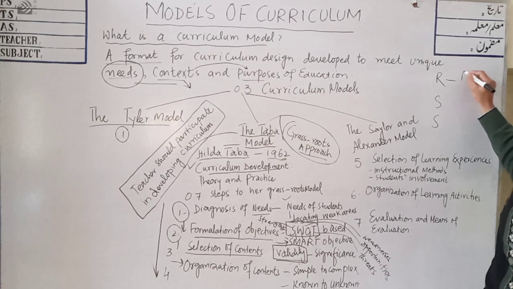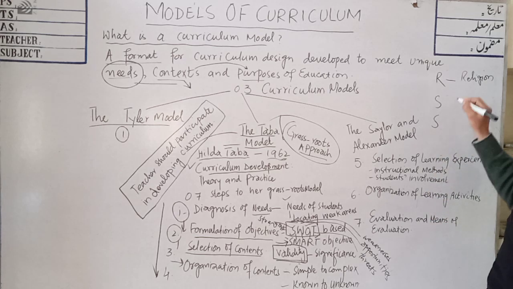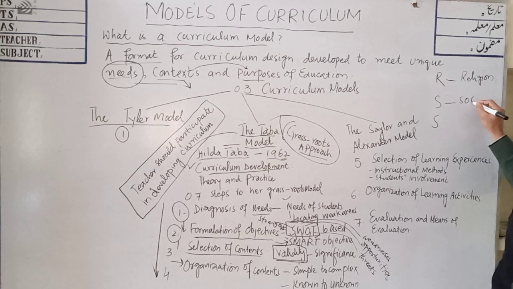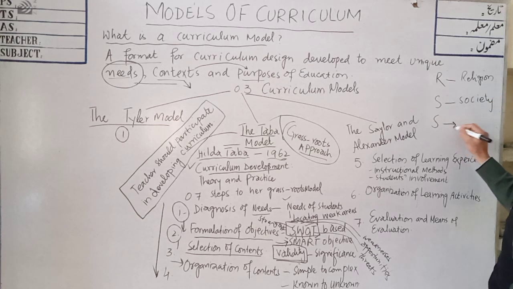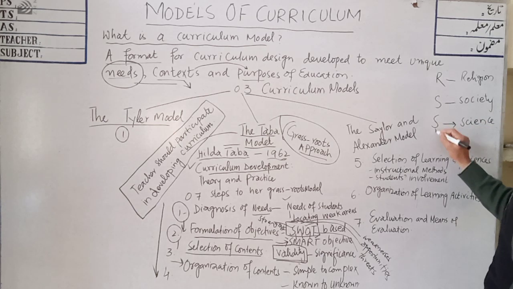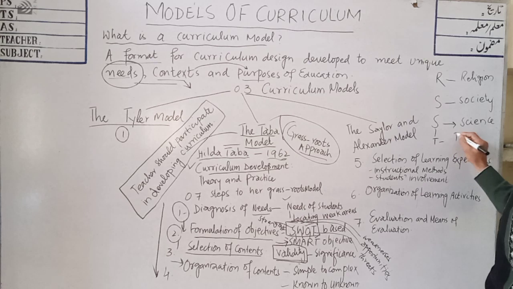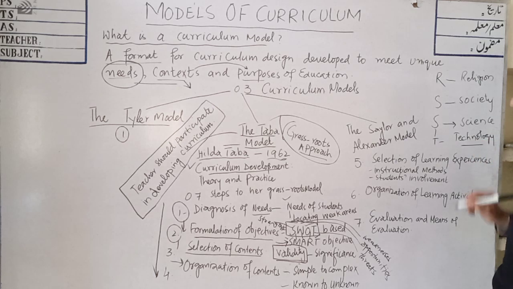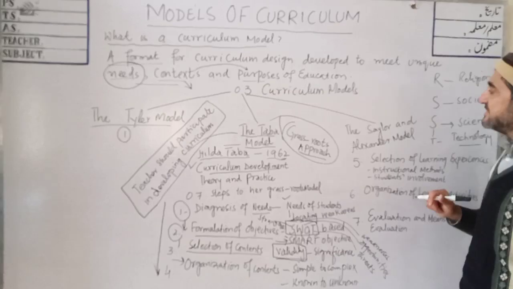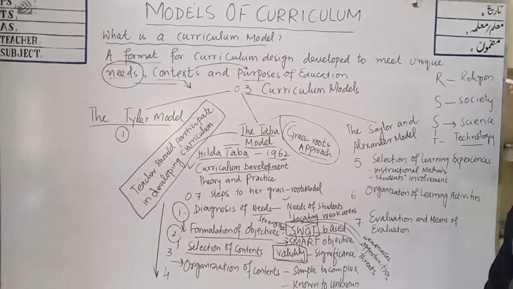RSS means that there should be contents dealing with religion, contents dealing with society, and contents dealing with science, but in science now it has been replaced with T, that is technology based. This is the parameter for designing the contents of the curriculum: religion, society, science or technology.